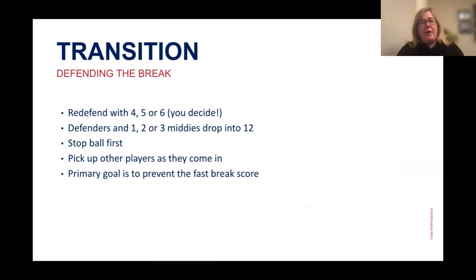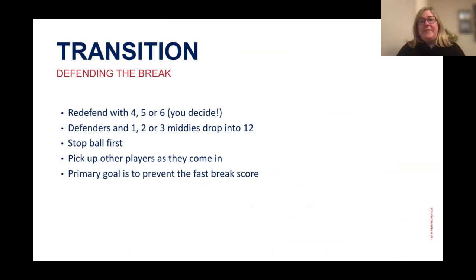It might be in your offensive zone, it might be in your defensive zone, anywhere in the midfield. But you have to start thinking, what am I telling my players? What should their initial reaction be the minute our team doesn't have the ball? What's that transition into defense mindset going to be at this point?